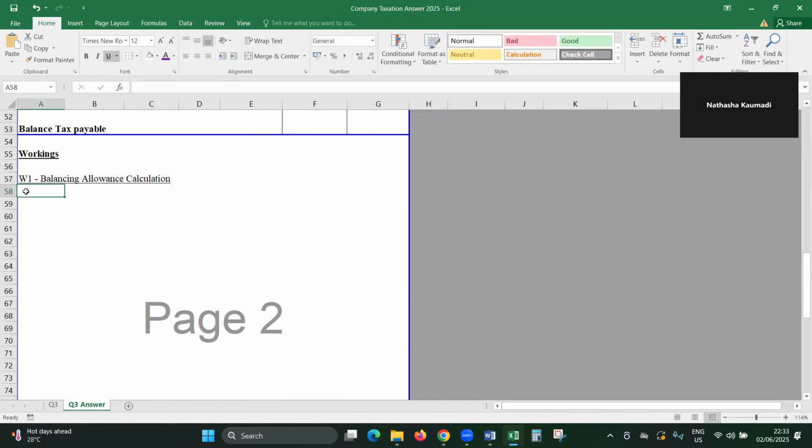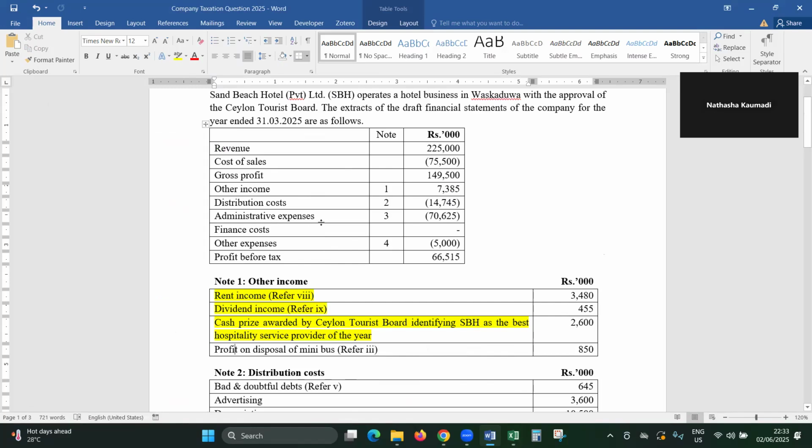Right. Now, first of all, in order to calculate the balancing allowance, in all disposal profit on taxation, we need to know the sales proceeds you have earned from selling this minibus. How do we calculate the sales proceeds? Now look at the question.